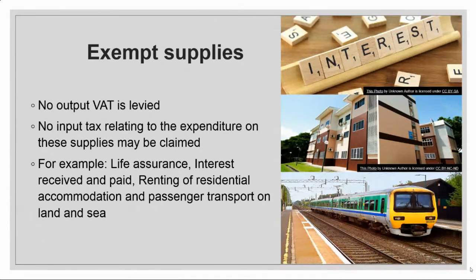If it is renting of holiday accommodation, they like to ask you that as well. If it's holiday accommodation, that is also standard rated. It is not an exempt supply. So it's only for residential accommodation, so for private use, that is seen as exempt supply. And then your passenger transport, but only on land and sea. If it is by air, then it is standard rated.